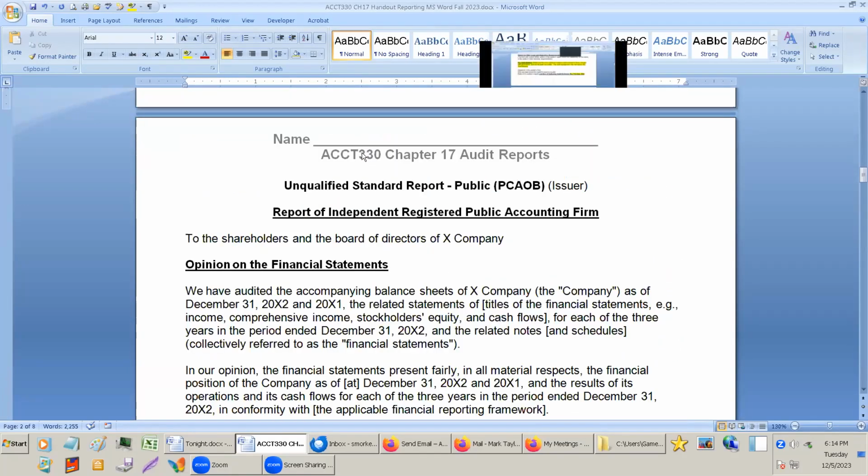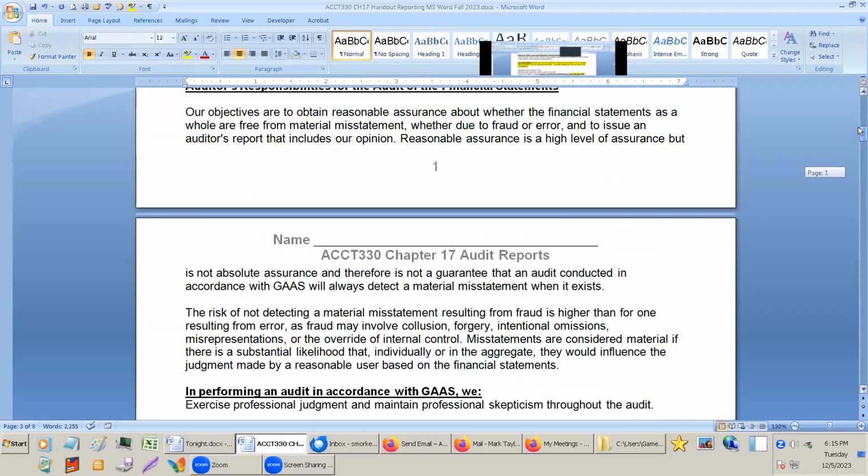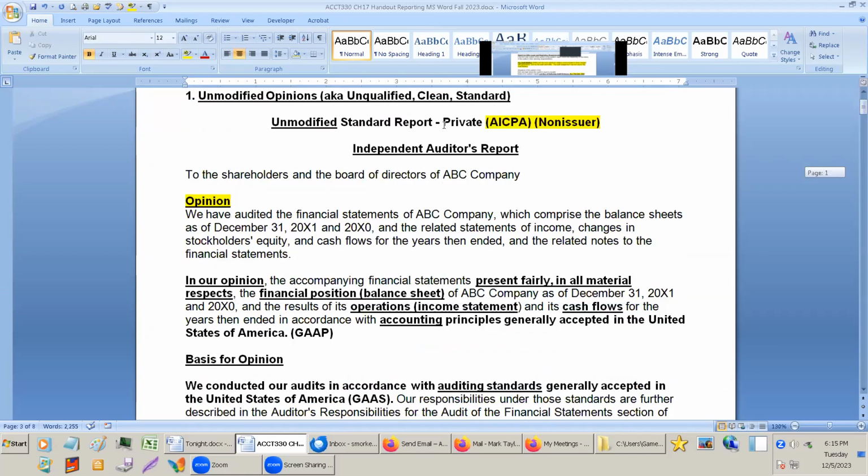Let's go to this, so this is a little bit of a difference here. It's an unmodified report for the non-issuer.